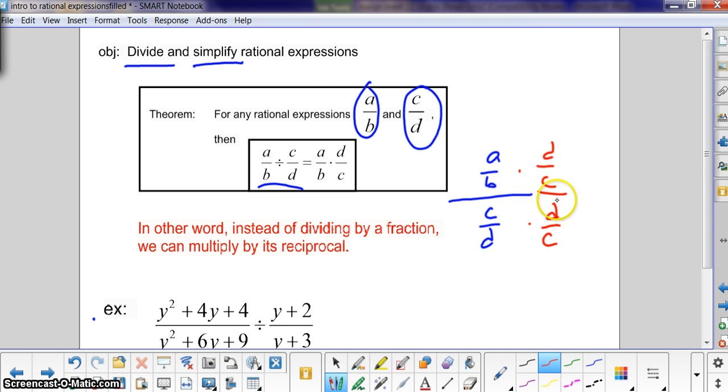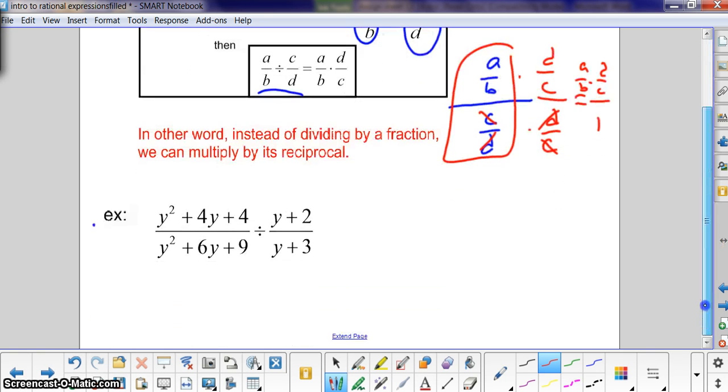So I'm going to take this d over c, which ultimately is just 1, and see what that equals. Well, c over c reduces, d over d reduces, that gives me 1. And on the top, I end up with a over b times d over c, and that's exactly the same as what our original was. So that's the reasoning behind why dividing by a fraction is the same as multiplying by the reciprocal. So in other words, instead of saying dividing by a fraction, we can use the phrase multiply by its reciprocal.